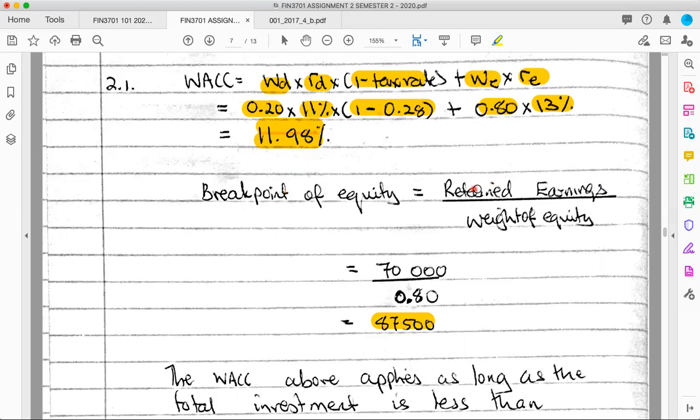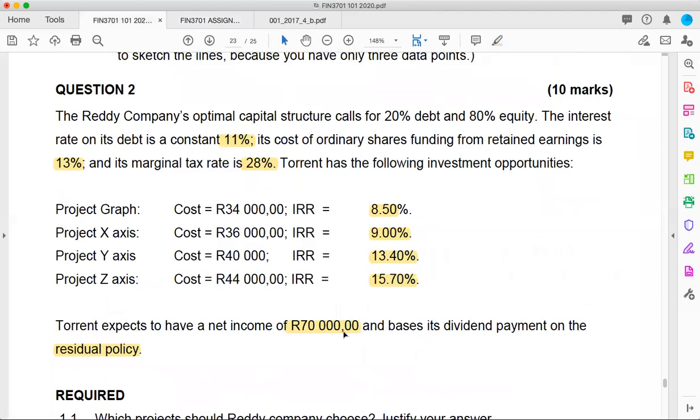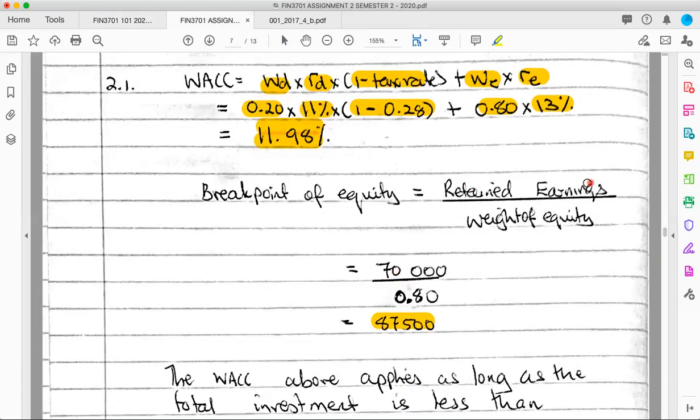So to get the breakpoint of equity, we take our retained earnings divided by the weight of equity. Your retained earnings is this net income that they've talked about, and we divide by 0.80. Retained earnings divided by weight of equity.